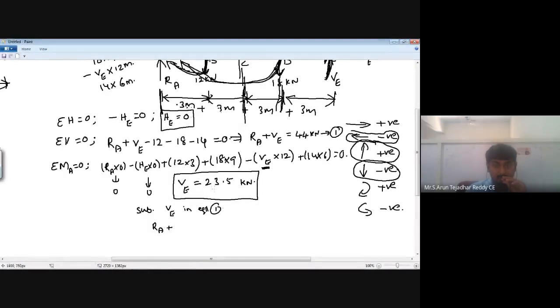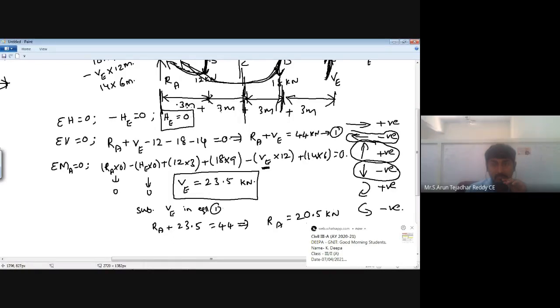RA plus VE, in place of VE substitute 23.5, is equal to 44. Then how much is your RA value? That is 20.5 kilonewton.